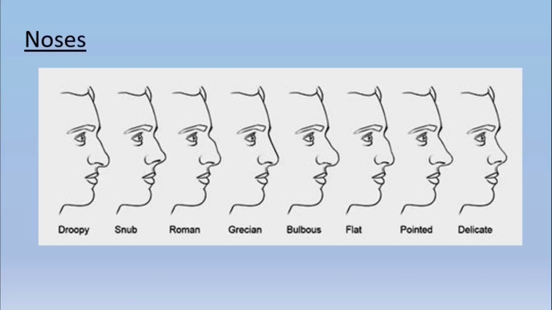She has a perfect Grecian nose. His nose is large and bulbous. His nose is flat. He has a flat nose. Her nose is pointed. She has a pointed nose. His nose is delicate. He has a delicate nose.